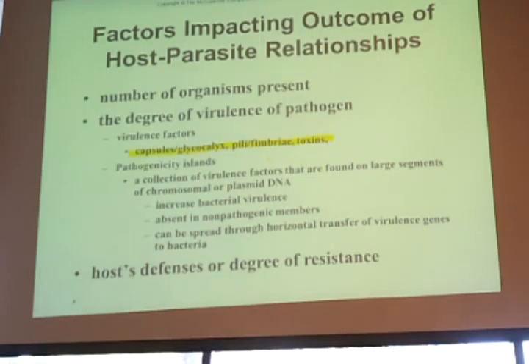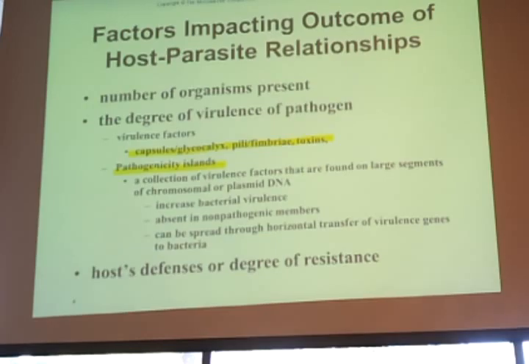Something like this, pathogenicity islands, these are areas in the genome of the bacteria that they find that have a lot of these characteristics. So this is something that is associated with many pathogens. Many pathogens have these same types of characteristics. That's why they call it a pathogenicity island.